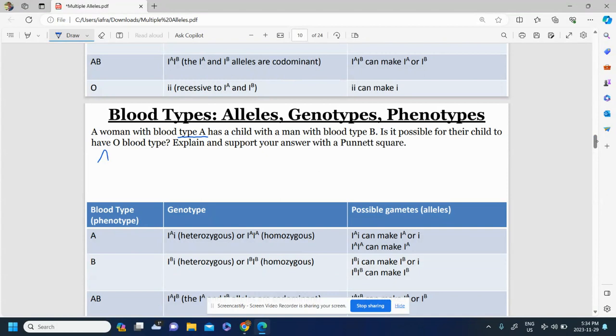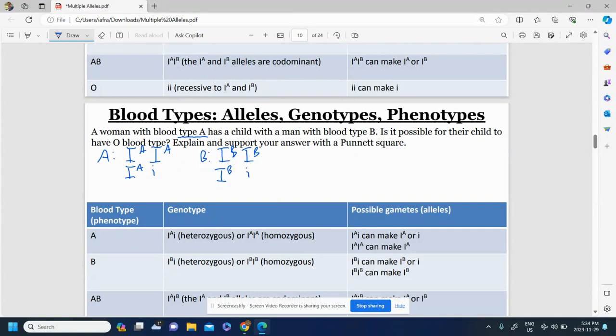Type A could be IA, IA or IA, i. And type B could be IB, IB or IB, i. And so our question is, if you have a type A person mating with a type B person, could they make type O?